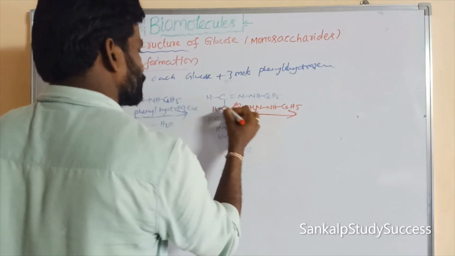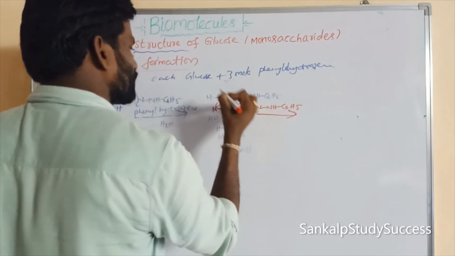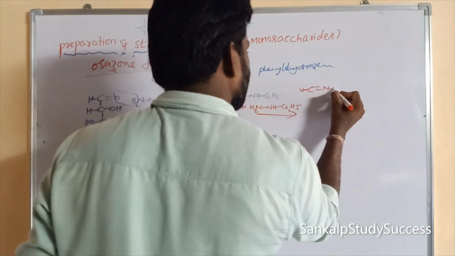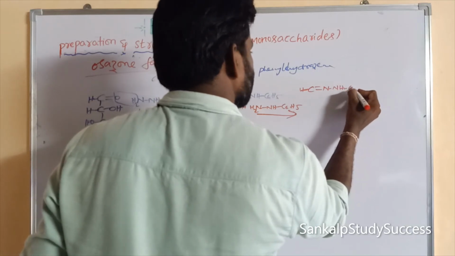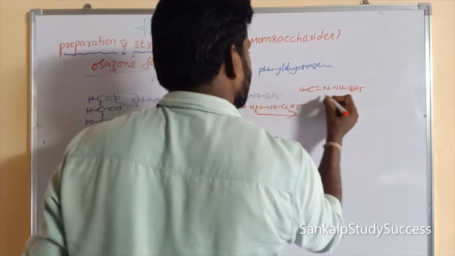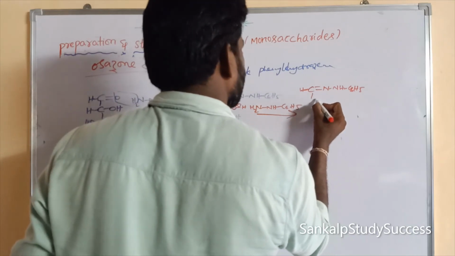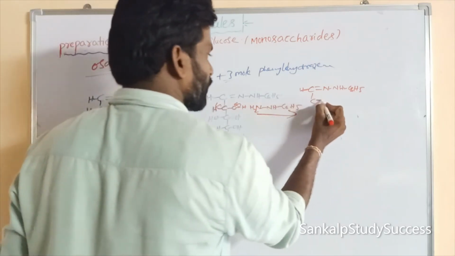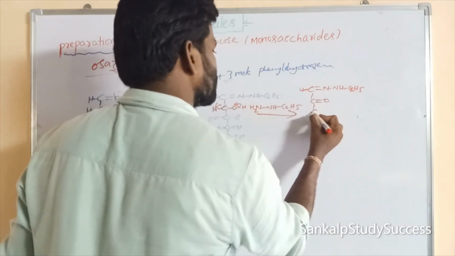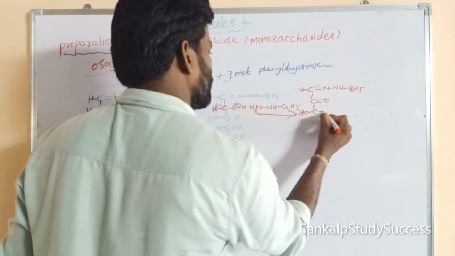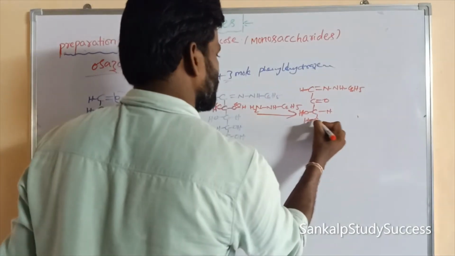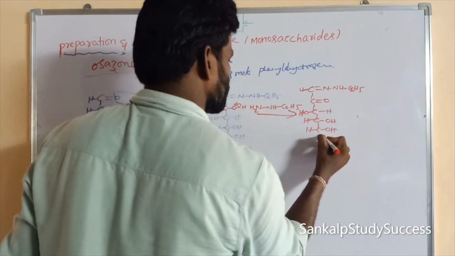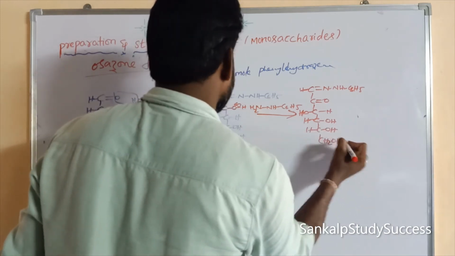So this bond can shift towards both sides and this hydrogen also, converting it to C=NH... with C carrying plus and O carrying minus, that will convert it to C=O, CHOH, CHOH, CHOH, CH2OH.